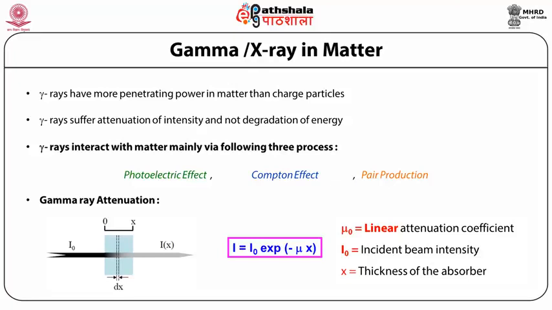In the picture given below, when a gamma ray of intensity I0 passes through a material medium of thickness x, then intensity I is observed on the other side, where I is equal to I0 exponential minus mu x, where mu is the linear attenuation coefficient, I0 is the incident beam intensity, and x is the thickness of the absorber.